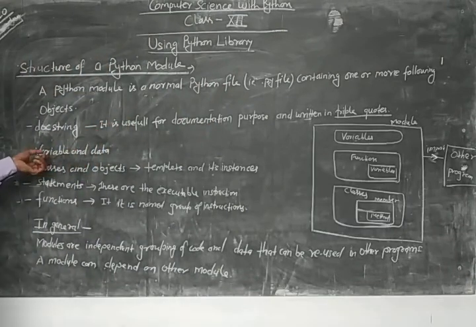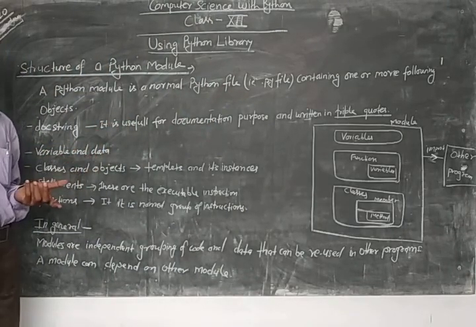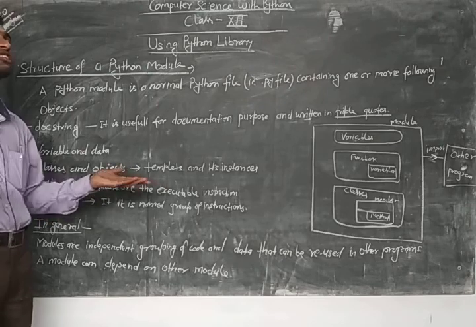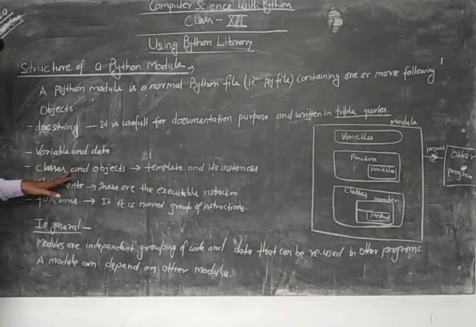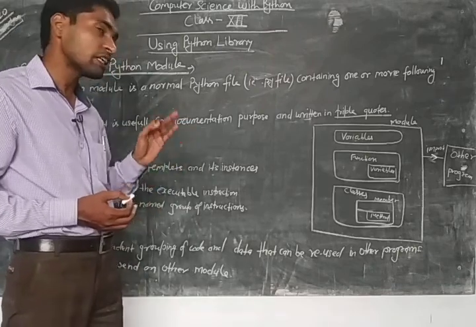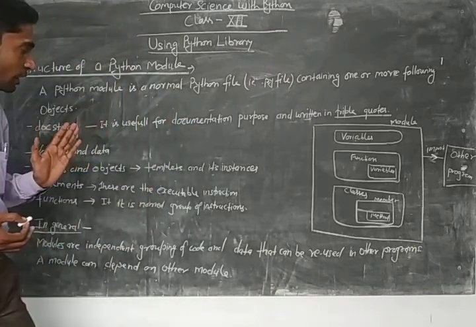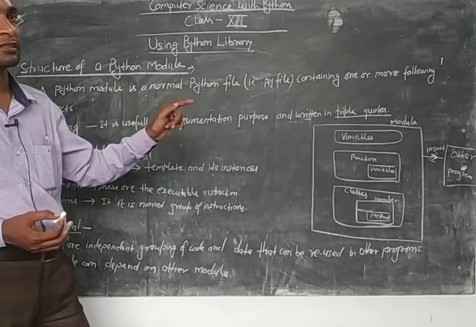Alright. Second thing, variables and data. These are those variables and data that you have used in the function and in the Python program. Next, classes and objects. Classes are the templates. Classes are the non-working model, we can say, a blueprint. And objects are the instance of the class.